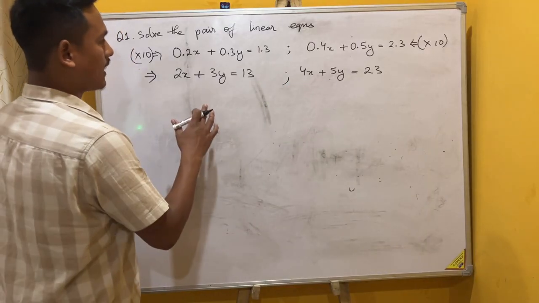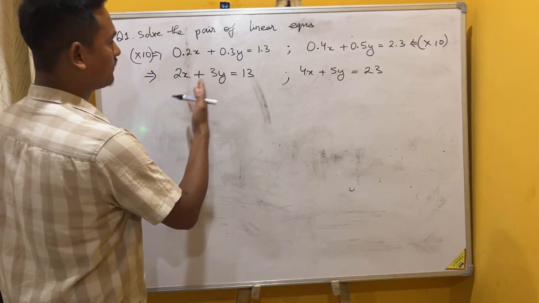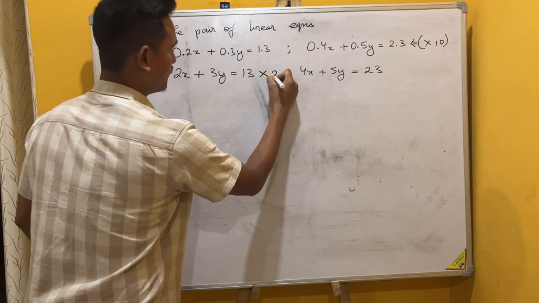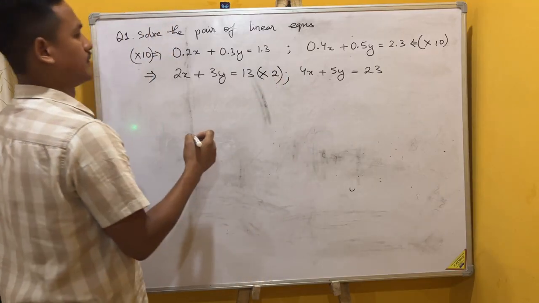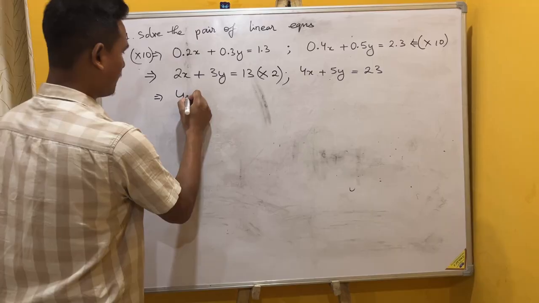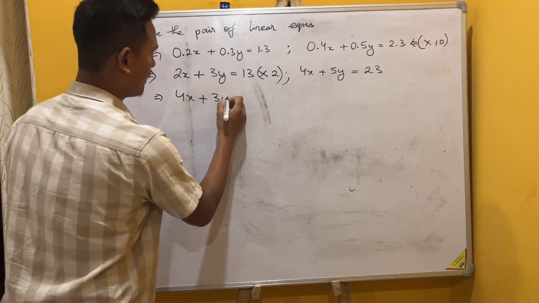Here I'm going with equation 1. I will multiply this equation by 2. If I multiply this by 2, then I will get 4x plus 3y.